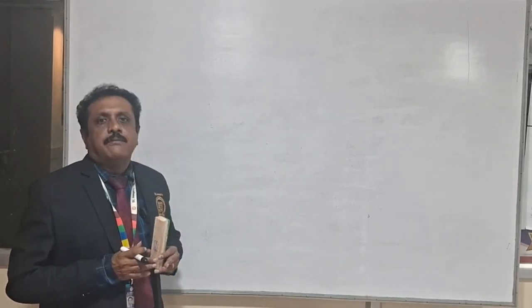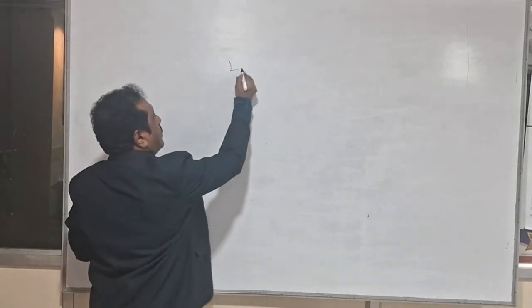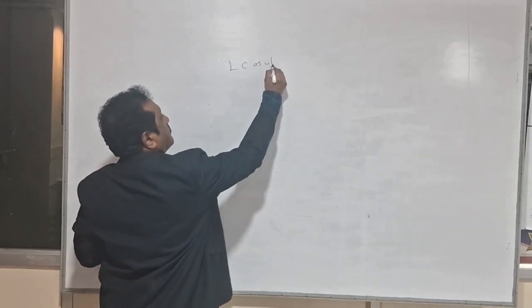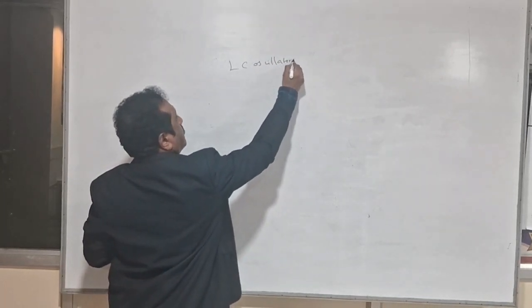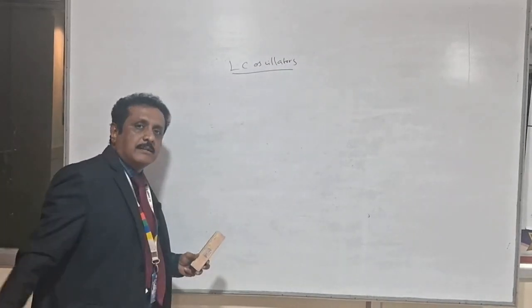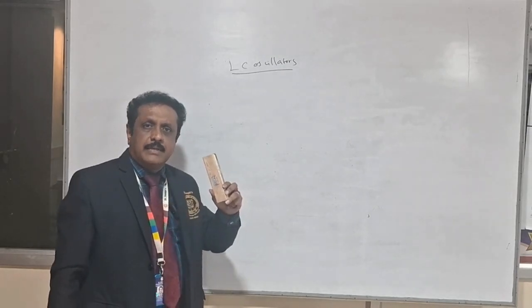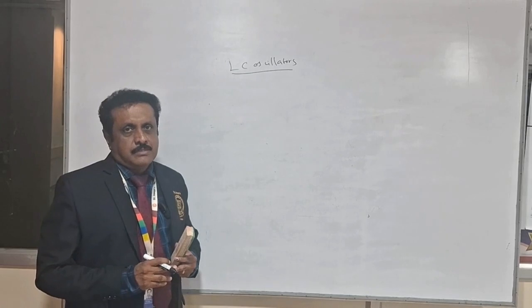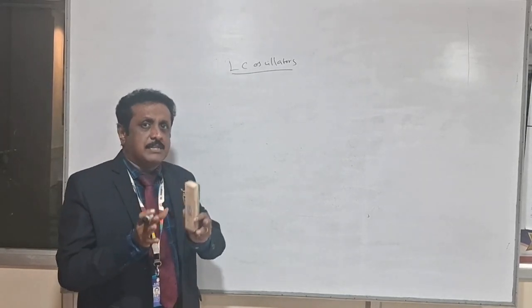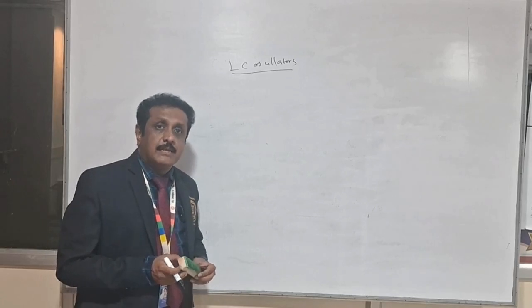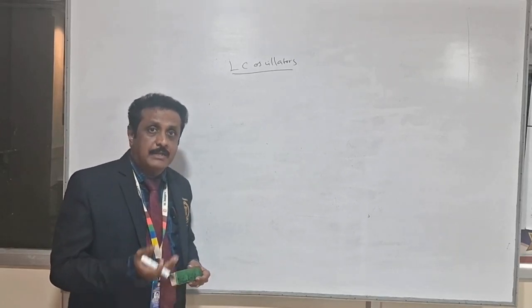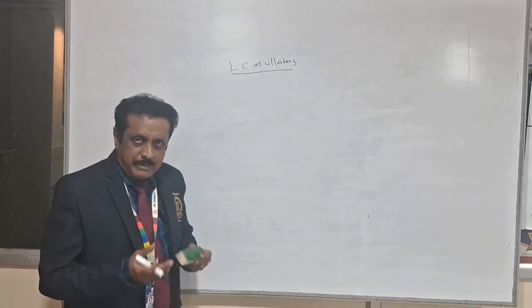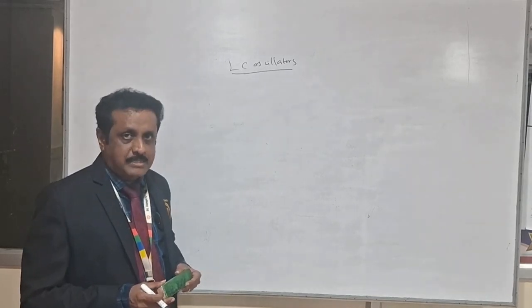Okay, today we'll see LC oscillators. As I said earlier in the last class, the key elements of LC are the inductor and capacitor. The basic principle of oscillation of the LC oscillator is the interchange of energy between L and C. We know the basic property of the inductor and capacitor.